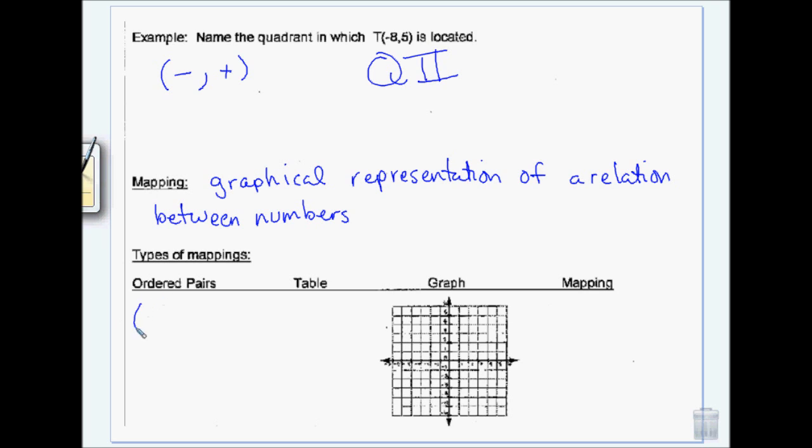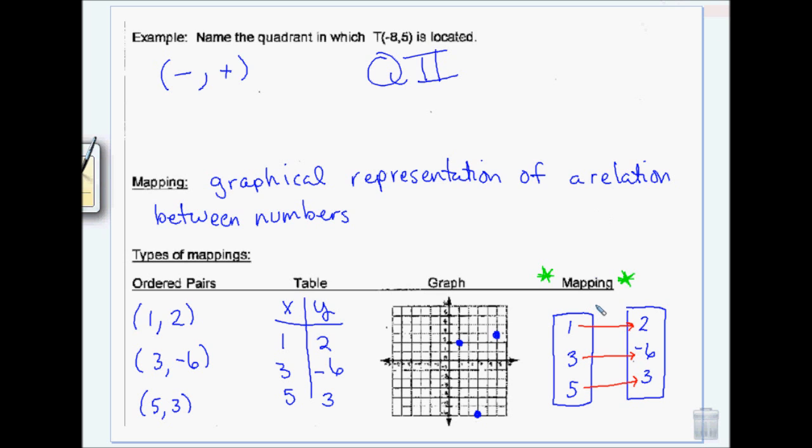All right, so you have ordered pairs. So we can put numbers in ordered pairs. When we start talking about identifying functions, this type of mapping is a really easy way to just look at the picture and go, oh yeah, that's a function, or no, it's not. So it's a useful mapping.